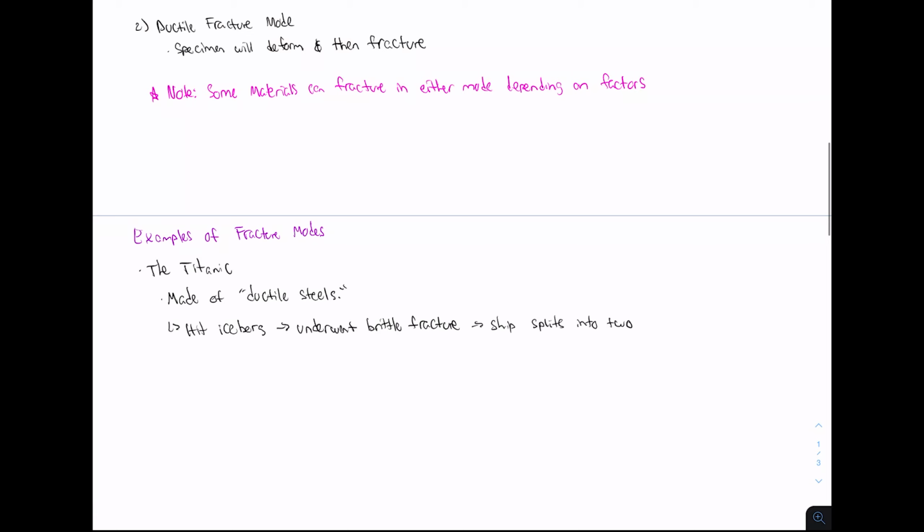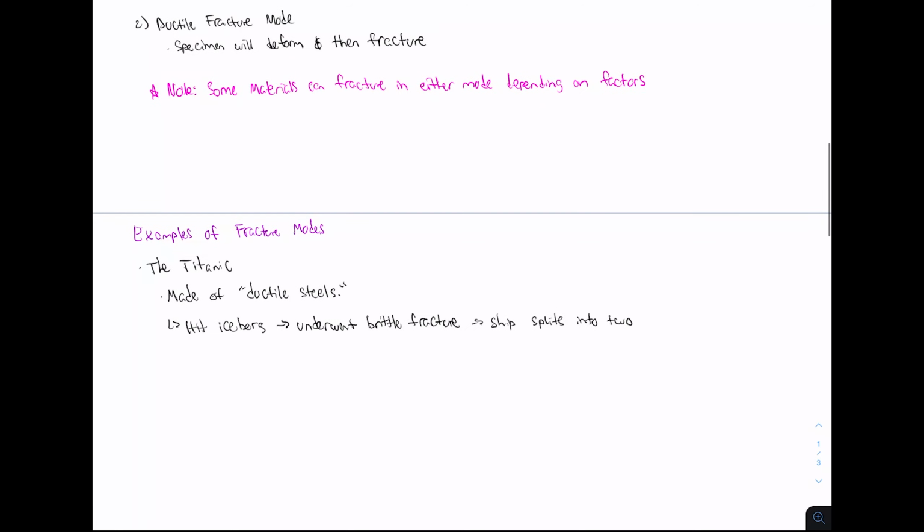Okay, so what we can do here is we can now talk about steel and aluminum, how they differ. So we have steel. When steel is hot, it's going to behave as a ductile material. And when it's cold, as we just mentioned, it's going to act more brittle. And then we have aluminum. When that is hot, it's going to be ductile, and when it's cold, it's still going to be pretty ductile.